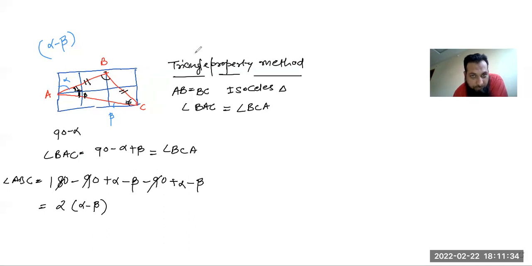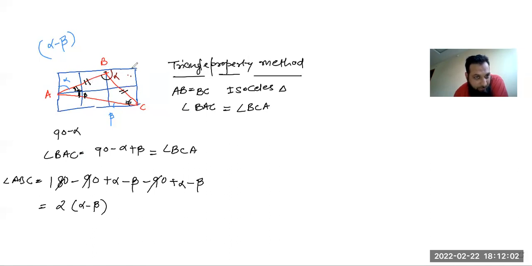We will focus on, let us say, this triangle here. So this angle is also alpha. Why? Because again, we have to use the properties of the triangle. If we consider this triangle and this triangle, these two sides are equal.